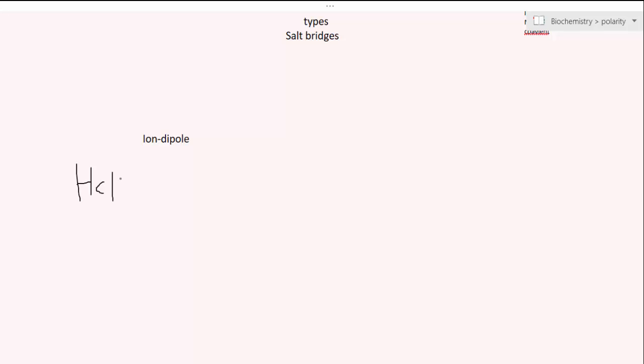HCl is a polar molecule. If you do not know what polarity is, consider watching the previous video I made. Cl bears a partial negative charge and H bears a partial positive charge, so it is a dipole.